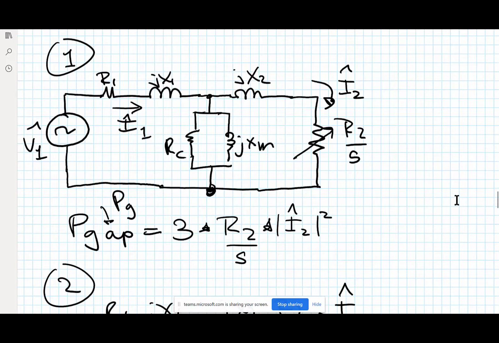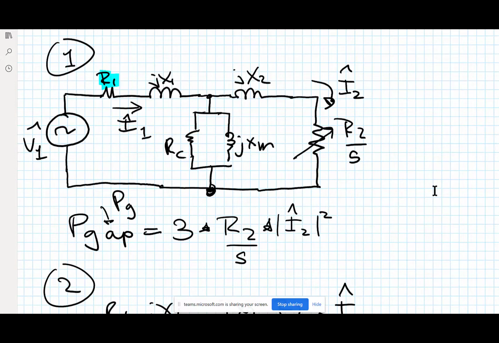The last time, someone in class very astutely pointed out that the equivalent circuit of an induction motor should look like a three-phase transformer. And it does. So this is the per phase equivalent circuit. In it, we've got pretty easily identifiable things.